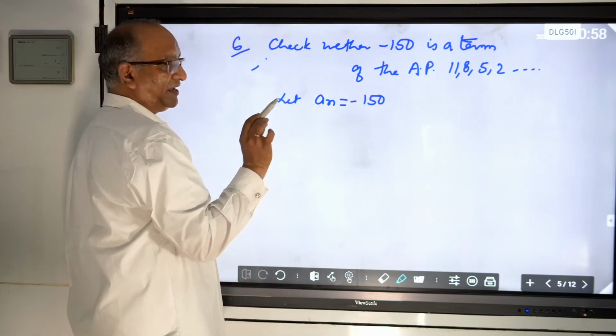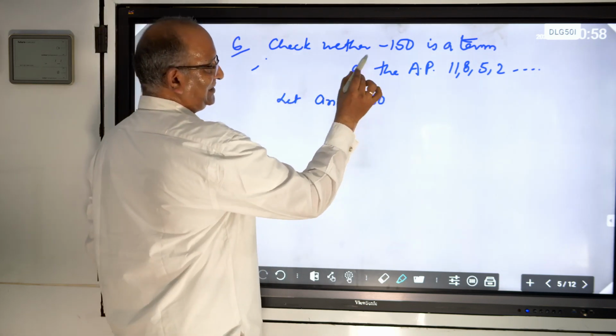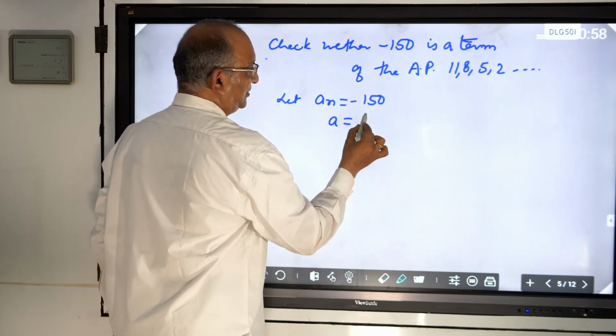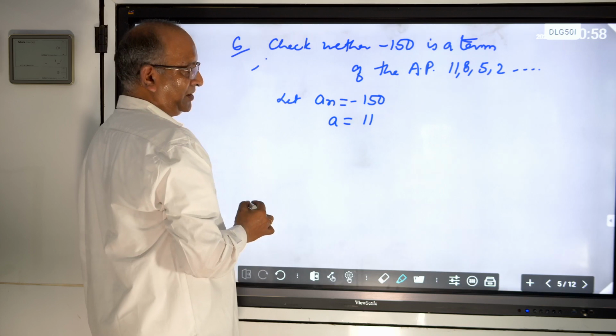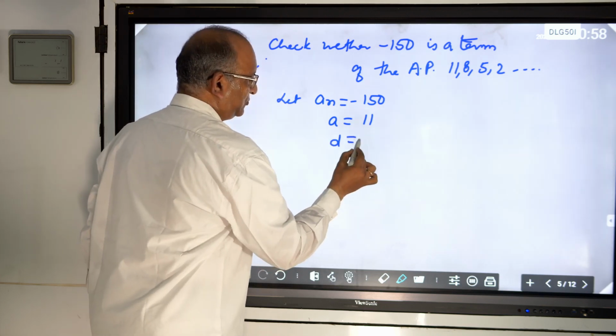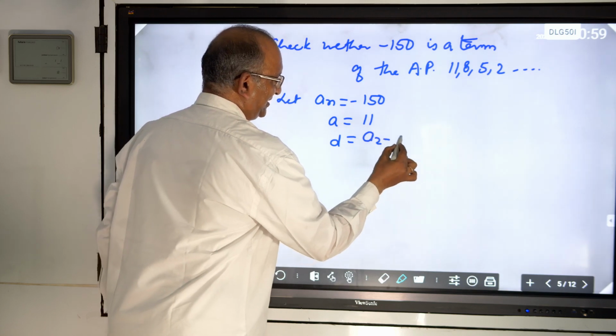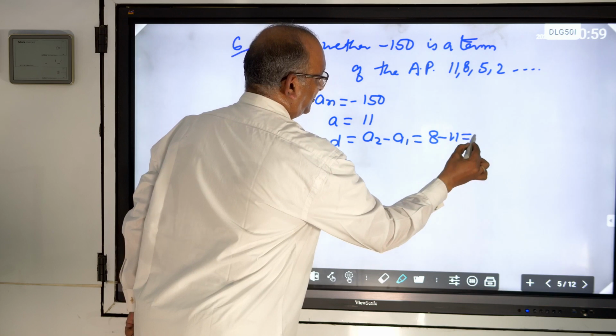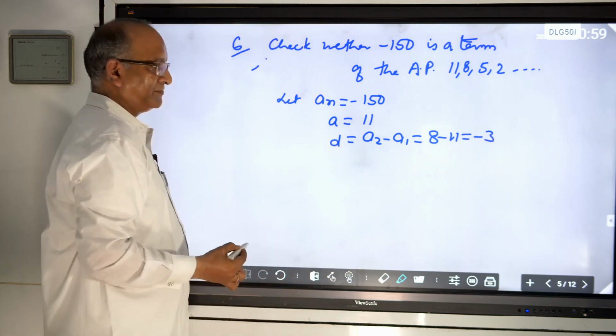Remember, we are assuming, we are not confirming. And he has given the sequence. From the sequence, we can say that A is equal to 11. How to find common difference? Difference between any two consecutive terms. So A2 minus A1, it is 8 minus 11 equal to minus 3.